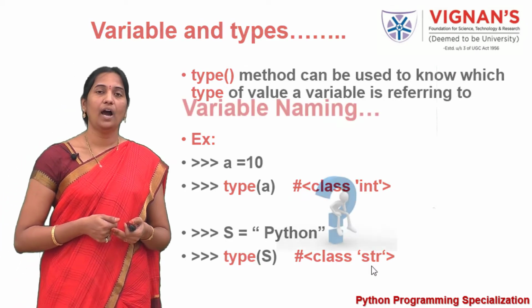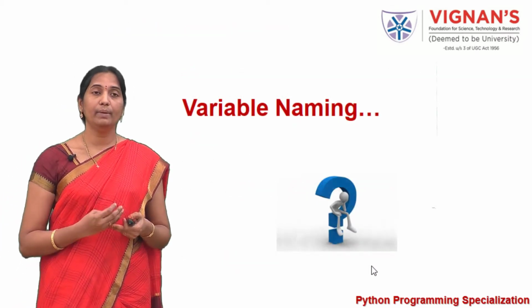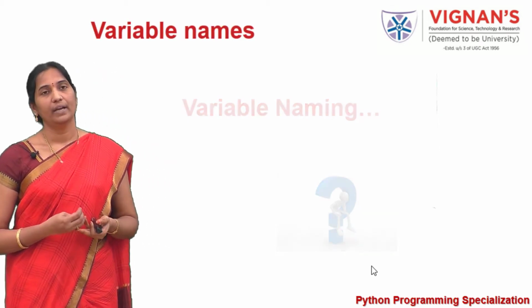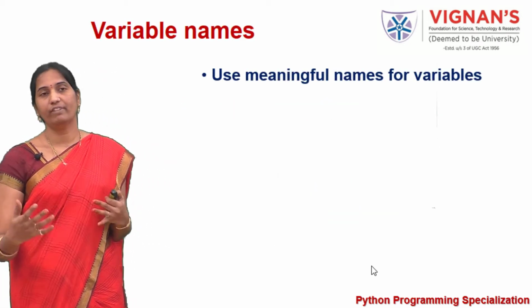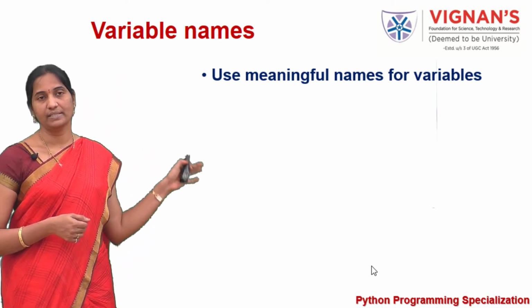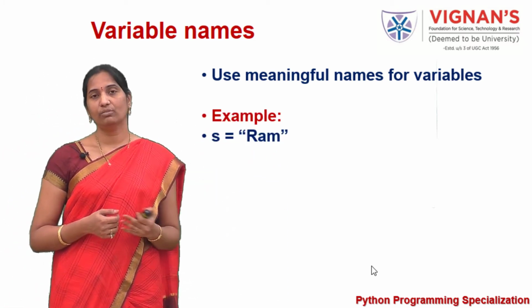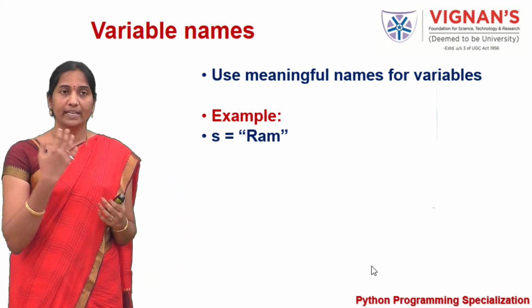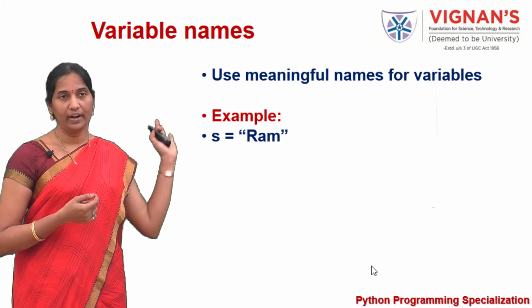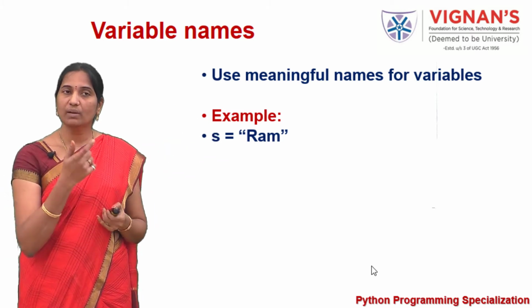Now let's see how we can name variables. Of course, Python allows you to have any meaningful names, and it's always advisable to use meaningful names for variables. For example, whenever you want to designate a student name, instead of simply using a letter like s or a or b, you had better use a meaningful name.